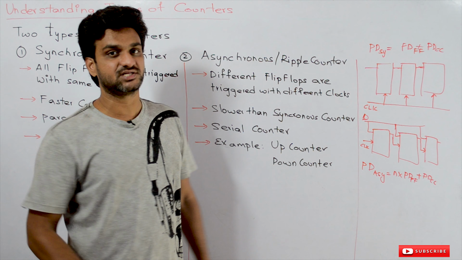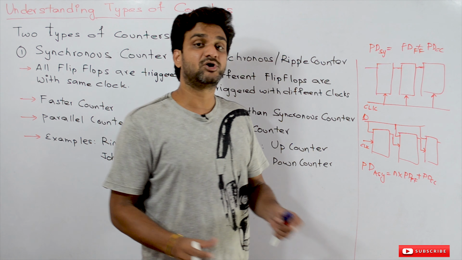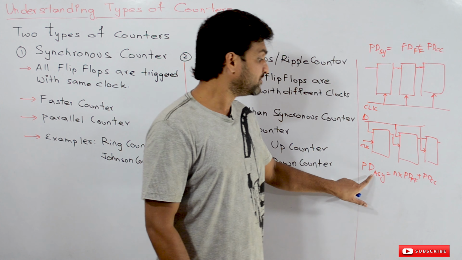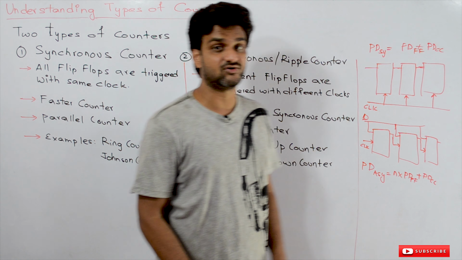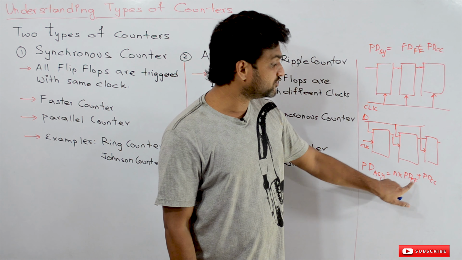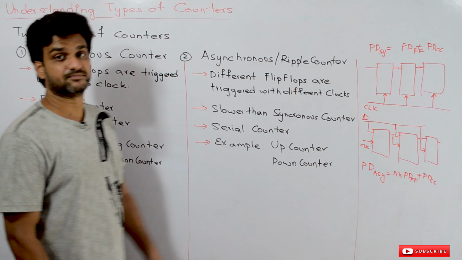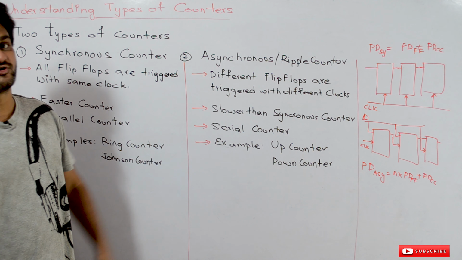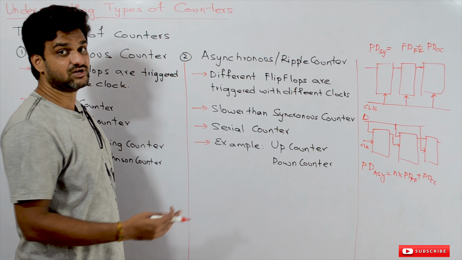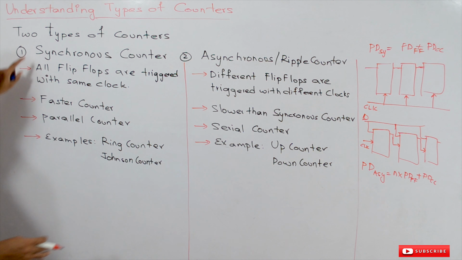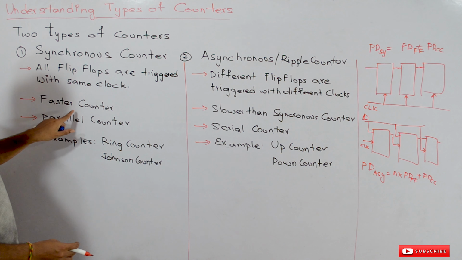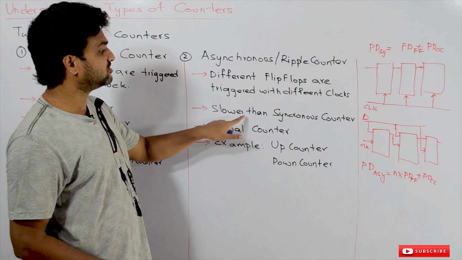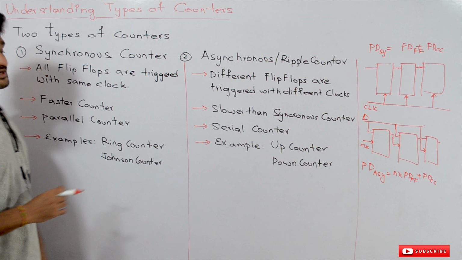If any combinational circuits are involved, their propagation delay will also be added to the propagation delay of the asynchronous counter. Here it is n times the propagation delay of a flip-flop, so if the number of flip-flops is more, the propagation delay will be more. That is the reason why synchronous counters are faster, whereas asynchronous counters are slower than synchronous counters.